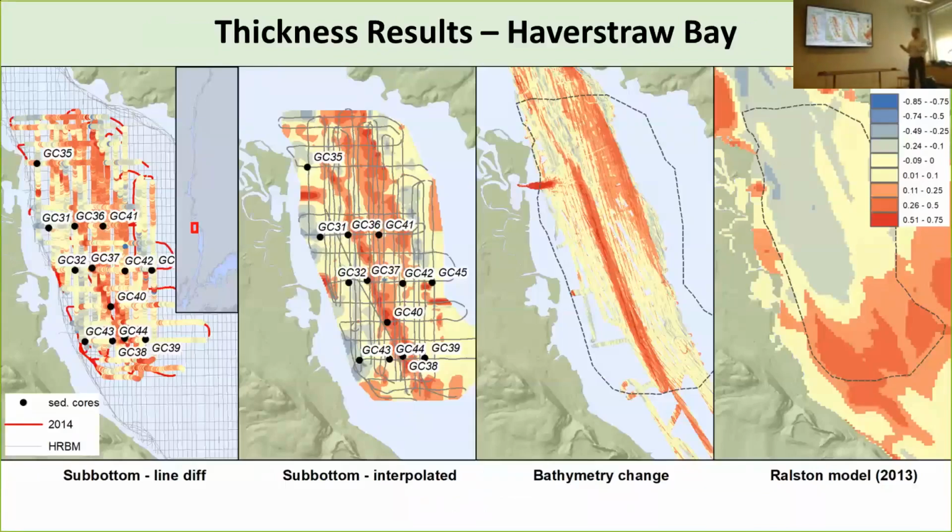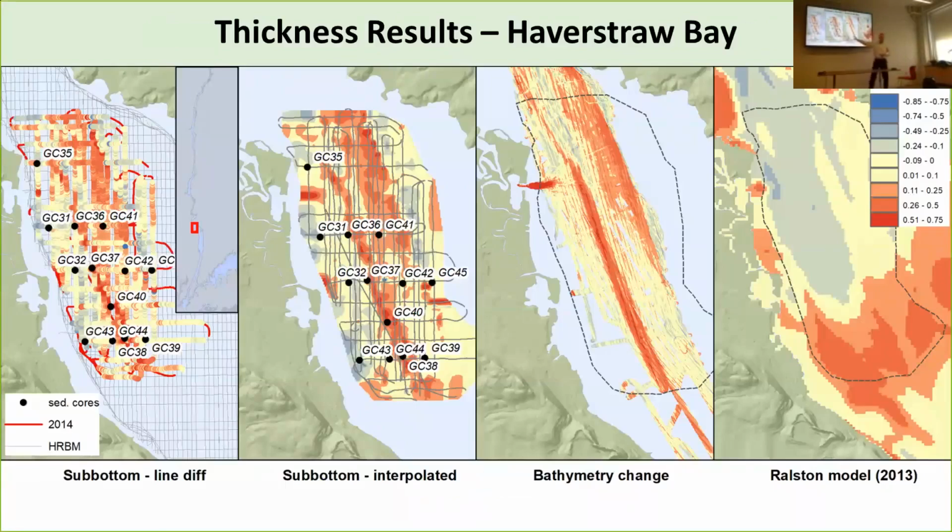So we're starting in Hubbardsville Bay. This is an area where we've done a lot of work previously, so we had really good baseline data. You can see here on the left all the line differences and the core locations. Then we have interpolated this area, and we see areas of some erosion on the shallower parts.